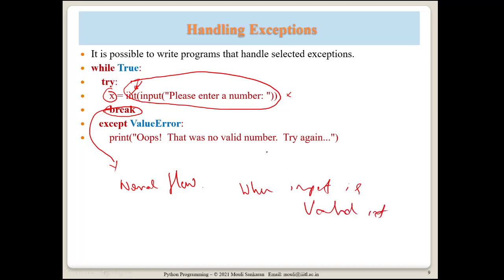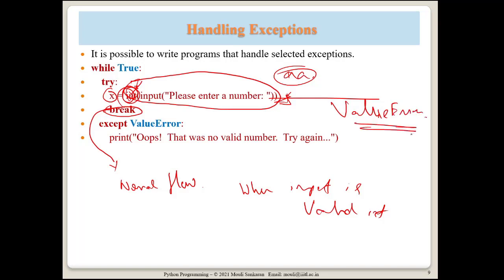Okay, but in case I don't give a valid integer, I give some AA, then it cannot be converted into an integer. Then this particular library, this int function, creates an exception. What exception? It is creating a ValueError exception, because the value it got is not valid, because it is expecting an integer value to be given, but you are giving something else.